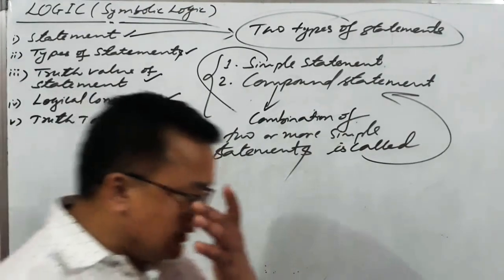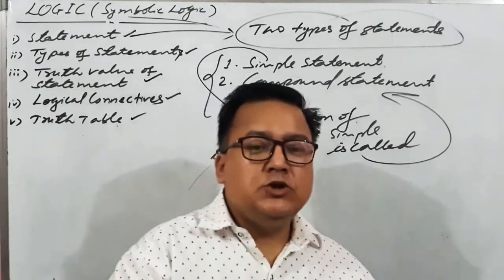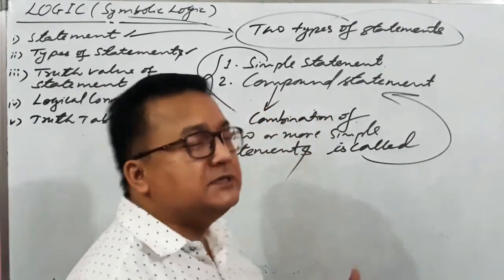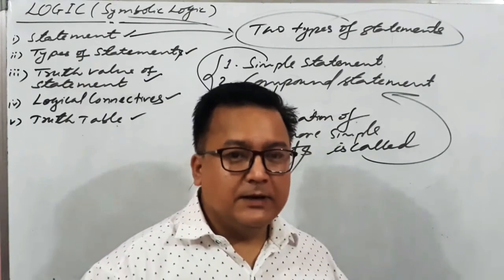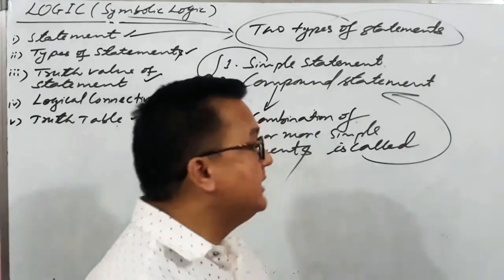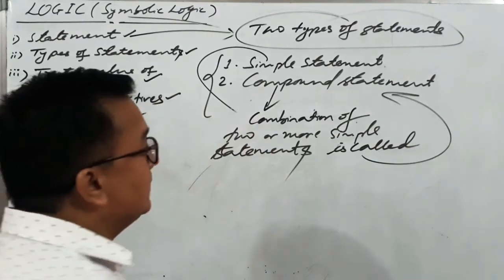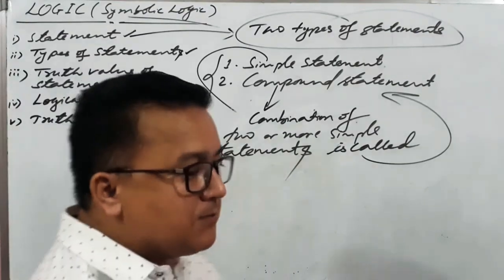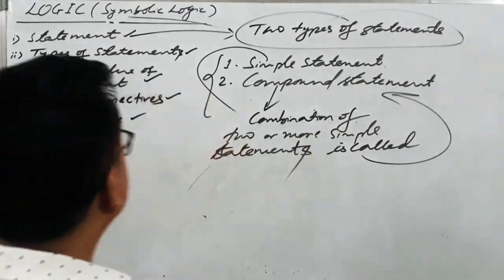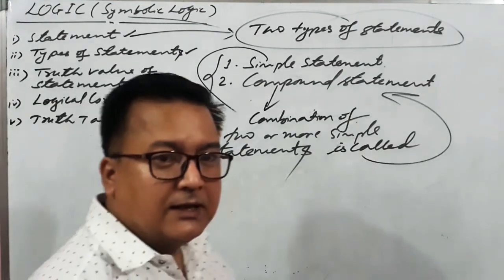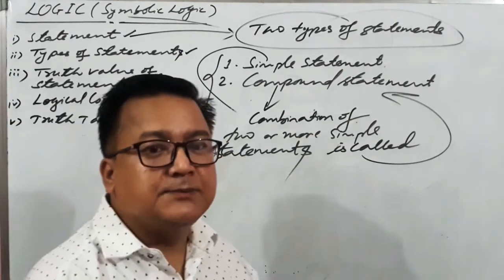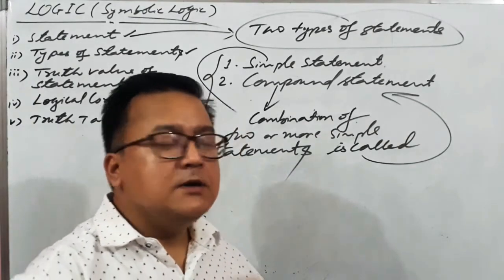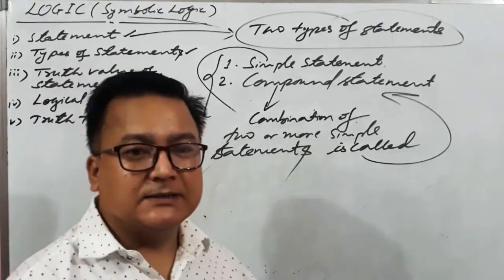If we combine any two or more simple statements, we get one statement, that is called your compound statement, right? Later we will discuss the types of compound statements. So how do we combine these? We use logical connectives. By using some connectives we form one statement by joining simple statements.